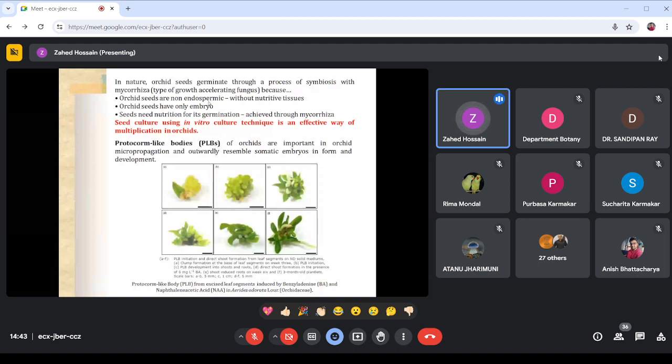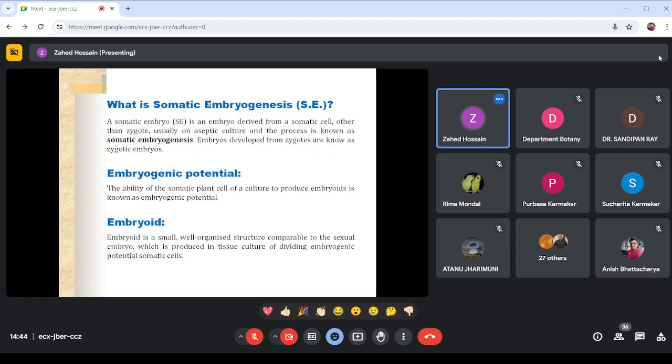If you soak rice seeds and grow them in natural condition, the next day or maybe the day after tomorrow, the plant will regenerate. So there is no question of doing a seed culture for a normal plant. It is only required for plants where there is a problem with germination. So orchid is basically a classic example.